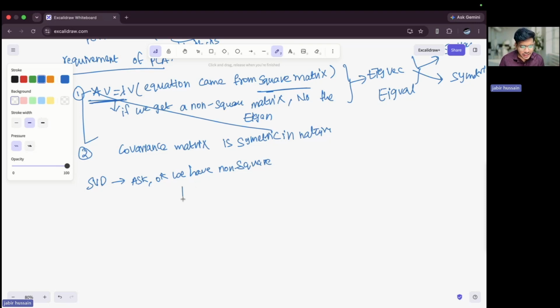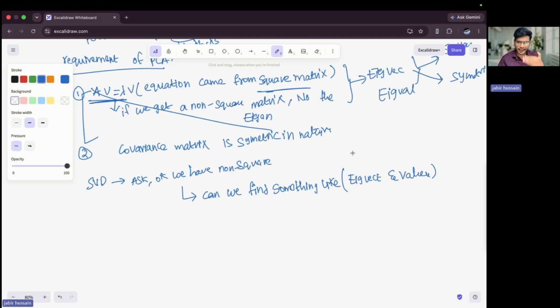Now the question we should ask is, can we find something like directions? Instead of eigenvectors and values, it doesn't have to be exactly the same.